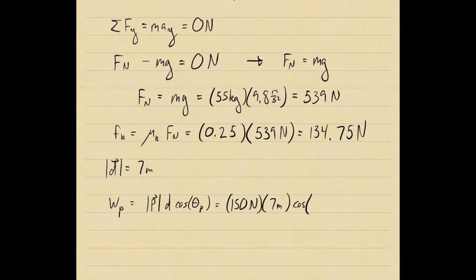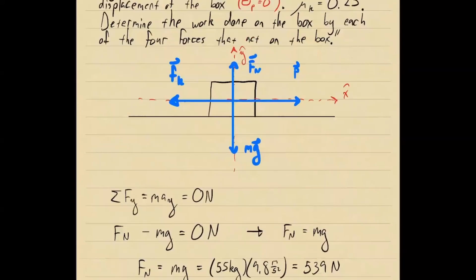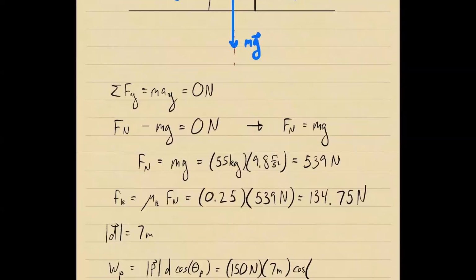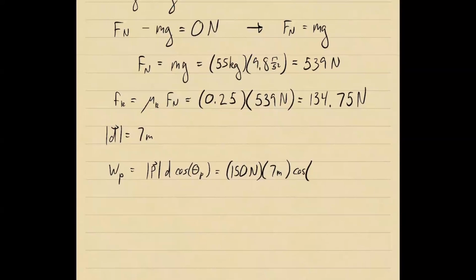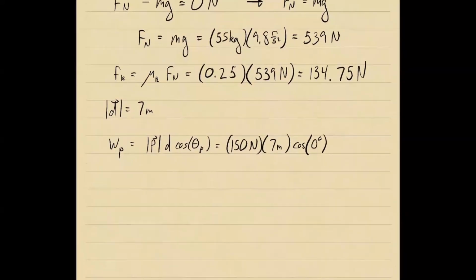And as I mentioned before, since our pushing force and our displacement are both in the same direction, the angle between them is going to be 0, and cosine of 0 is going to be 1. So the work done by the pushing force P is 1,050 joules of work. That's one of our answers.